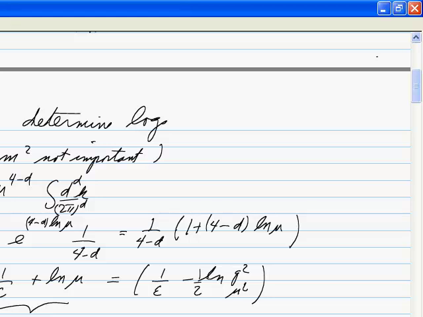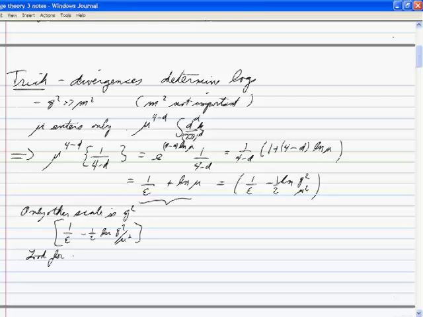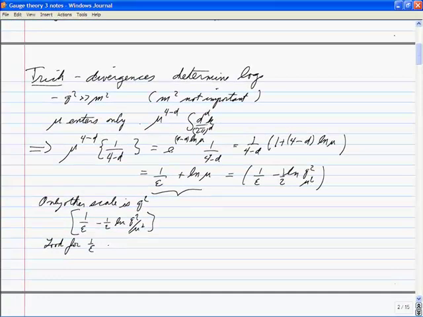So if you want to do the calculation, you just look for 1 over epsilon, and that implies log q squared. So it makes it easy.